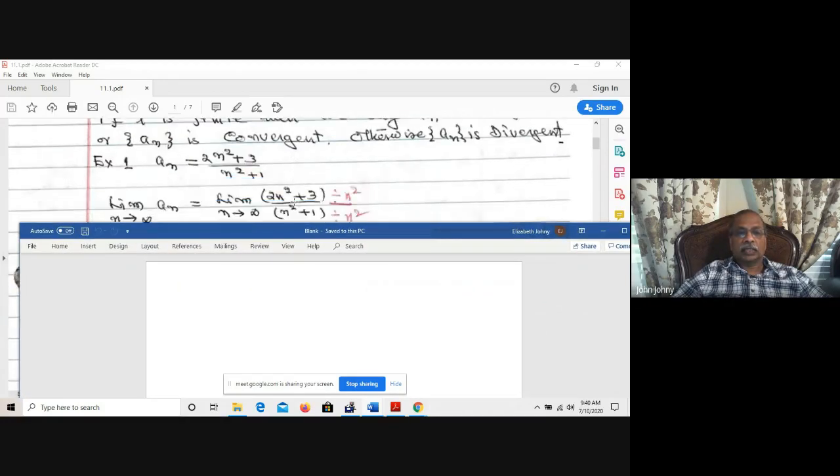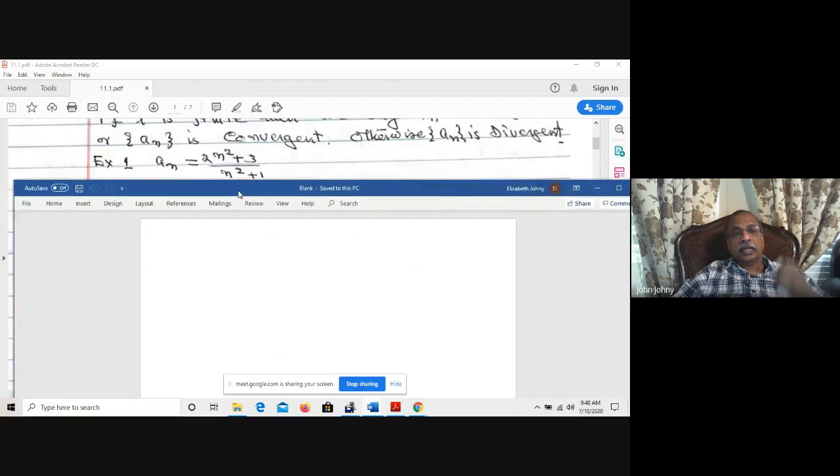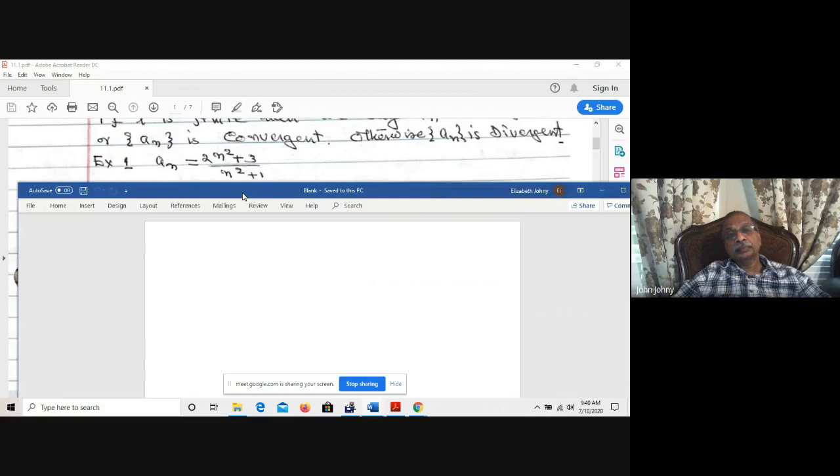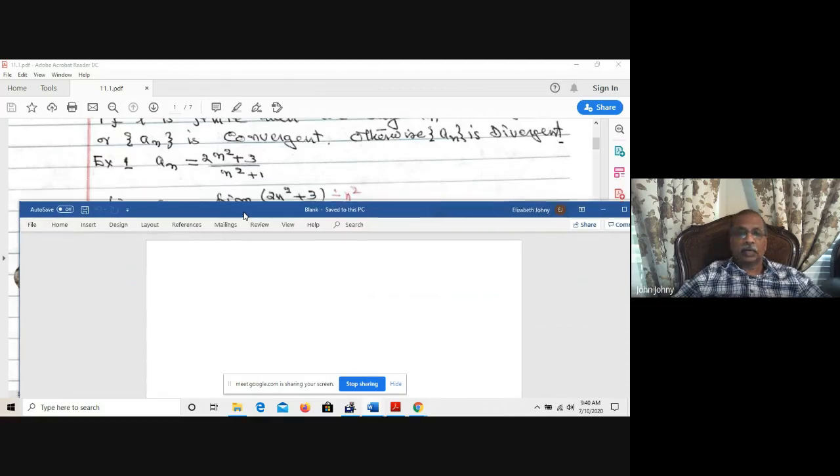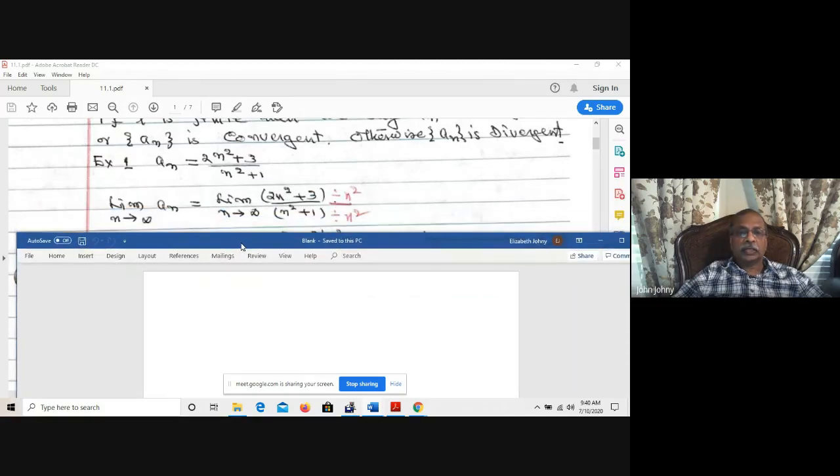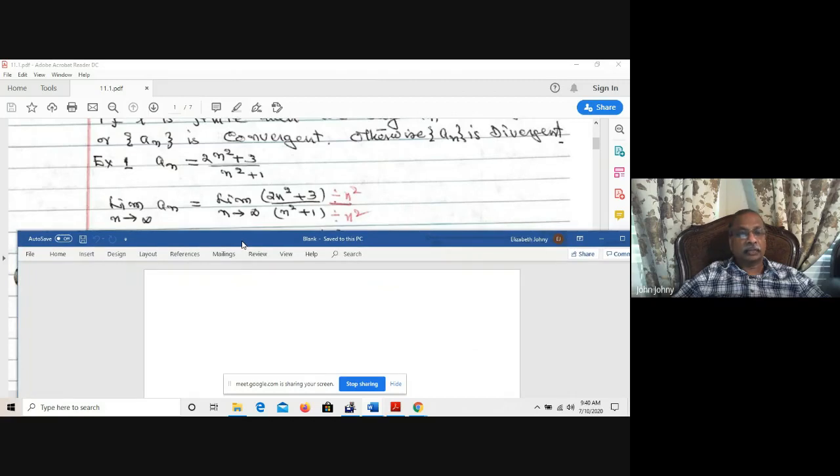Example 1. Consider the sequence an equal to (2n square plus 3) divided by (n square plus 1). Your question is to find the limit as n approaches infinity. So the limit of an is equal to the limit of (2n square plus 3) divided by (n square plus 1).